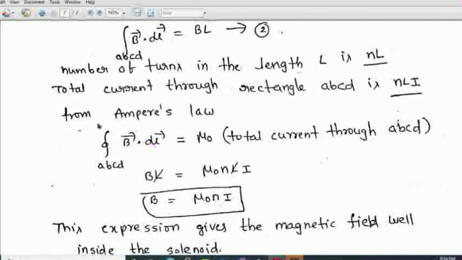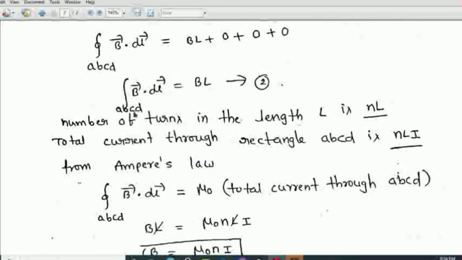So now according to Ampere's circuital law, the line integral of B bar dot dl bar for the loop ABCD is equal to mu naught times the total current. Now already we have determined that the line integral of B bar dot dl bar for the loop ABCD is equal to BL.